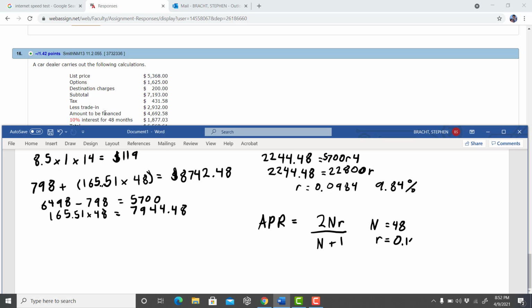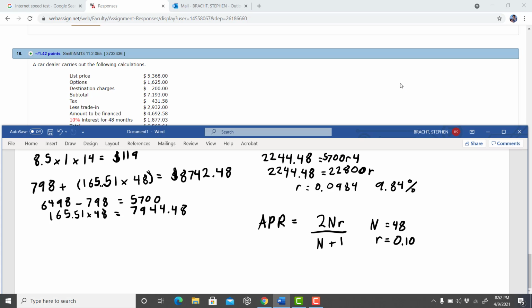Okay, so you just plug those two numbers into this formula, calculate the APR. And that's the exact same formula you'll also use for problem 15 to find the APR, except in 15, your interest rate is 9.84% instead of 10%, right? I think the number of payments was still 48, though, in that problem. Okay.